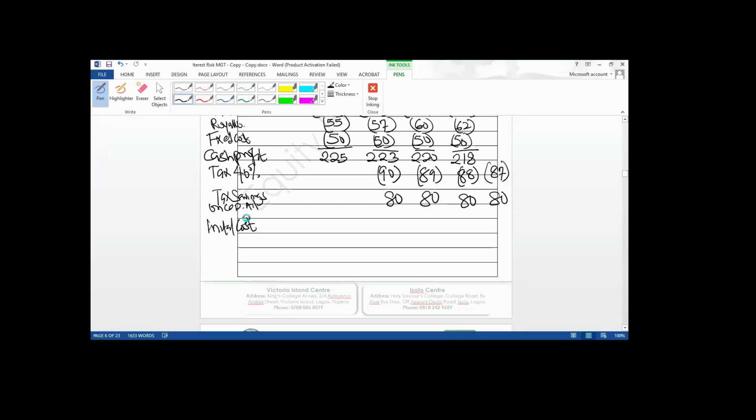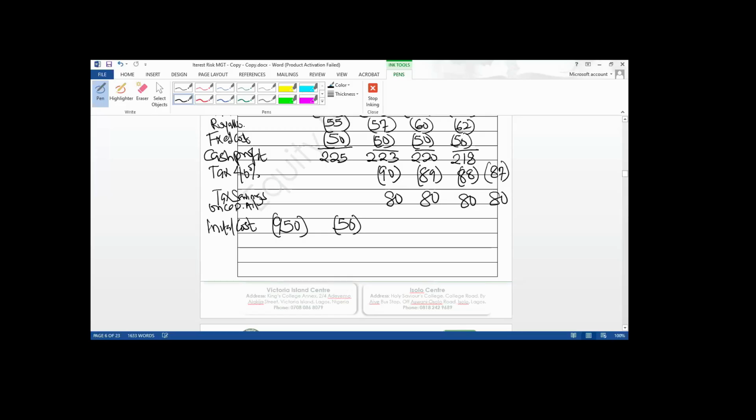Examiner says $1 billion. 950 will be paid immediately. $50 million will be paid at the end of 1 year.